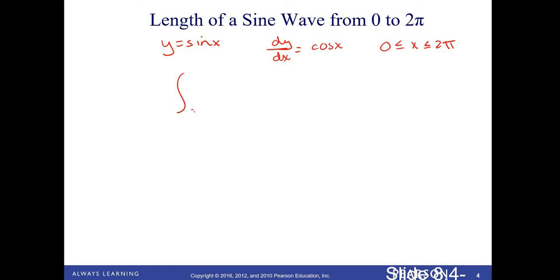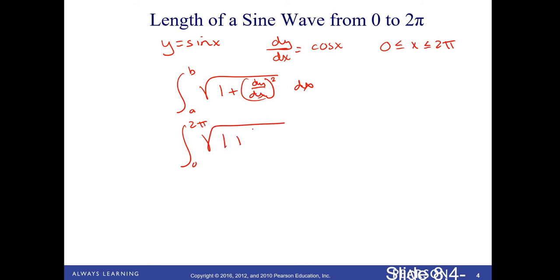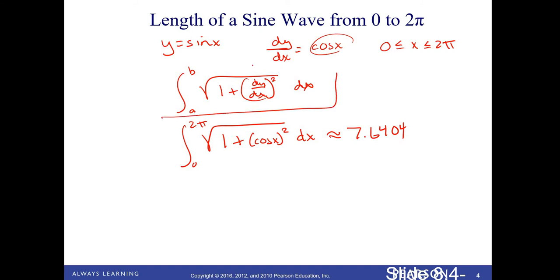So using my formula, the integral from a to b of the square root of 1 plus dy/dx squared dx, I'm going to substitute my 0 to 2 pi, the square root of 1 plus my derivative, cos x squared dx. Throwing this into the calculator using our integration, we get 7.6404. So this is the formula we're going to be using.